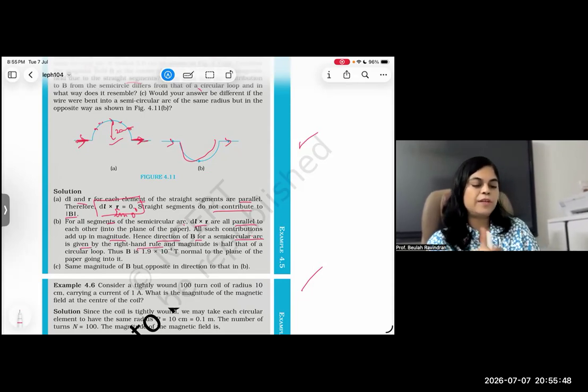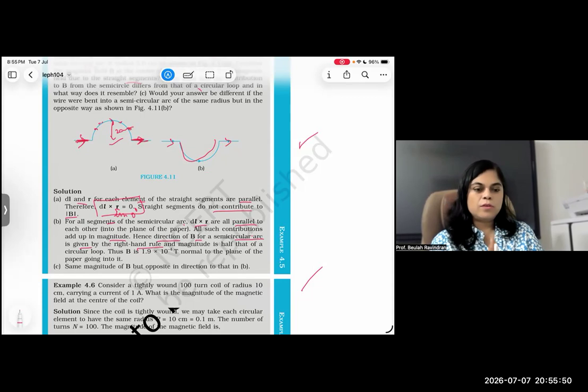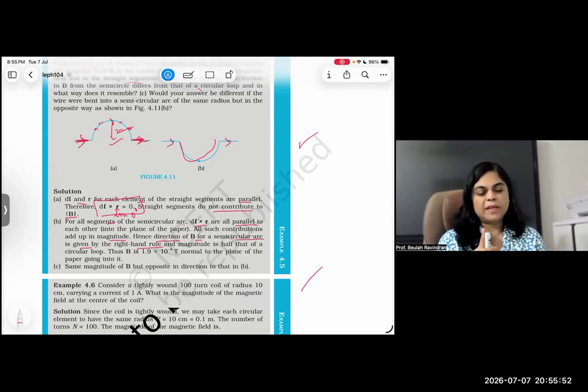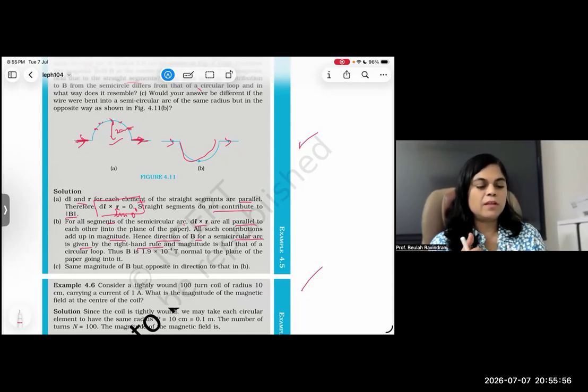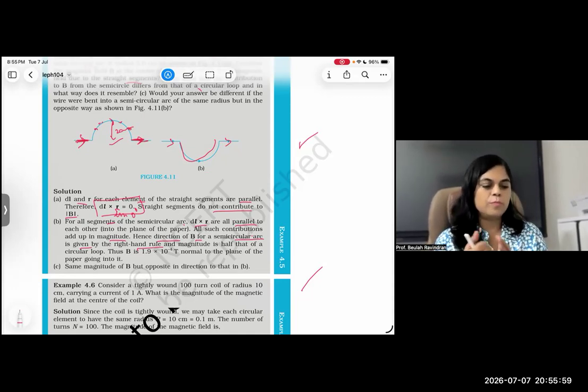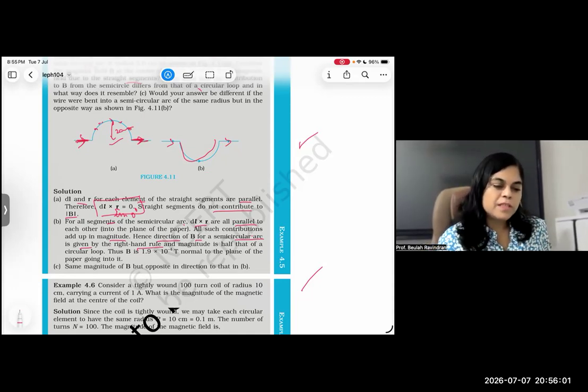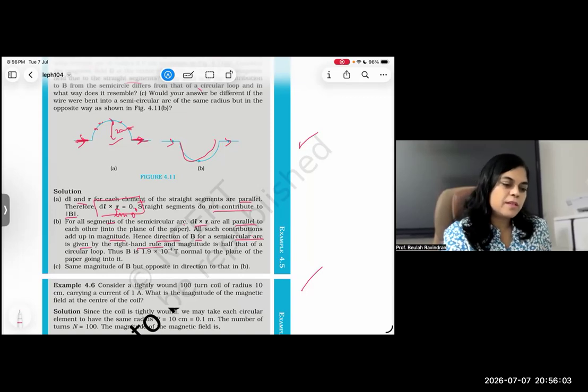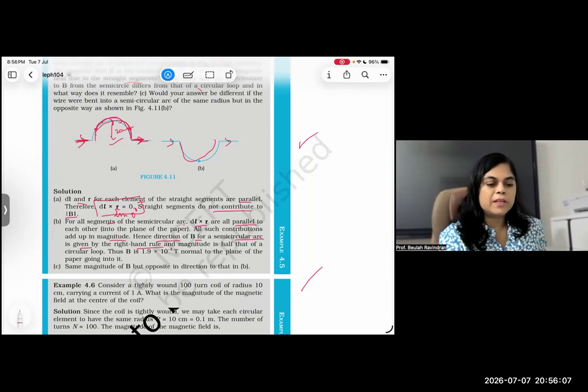For the right hand rule, the thumb represents the magnetic field direction, and the curl of the fingers represents the coil or the current loop. Take this semicircular current loop. Then how will the magnetic field be if the current is passing through this?